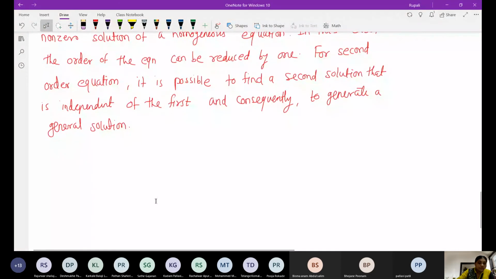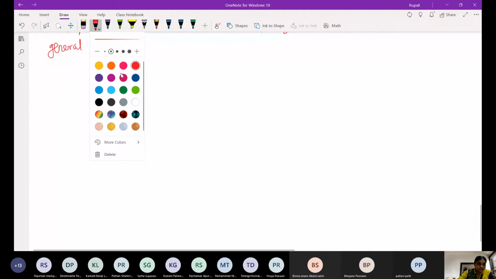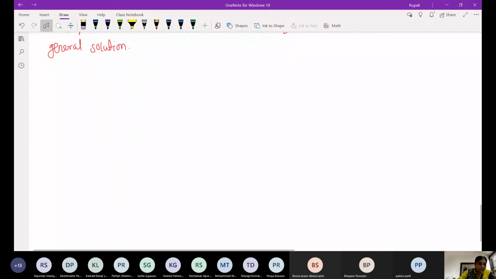Okay, so first we will see one theorem where the Casoratian satisfies some equation. For that we will require Lemma 3.1.